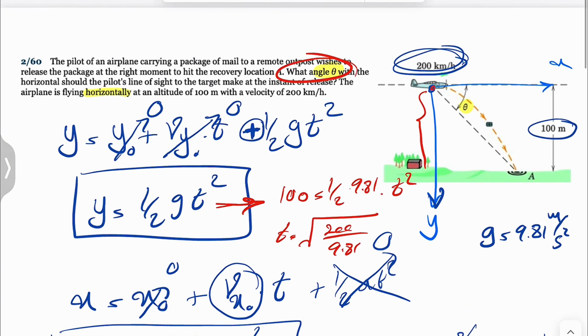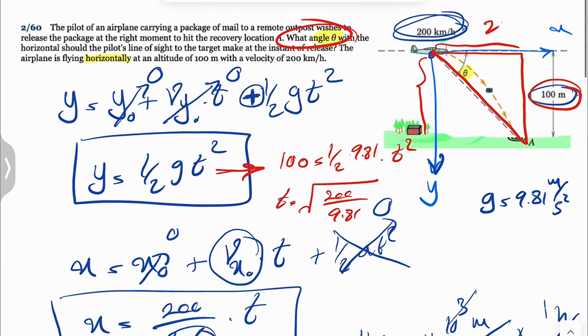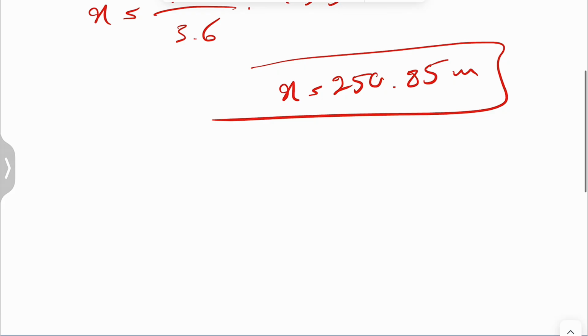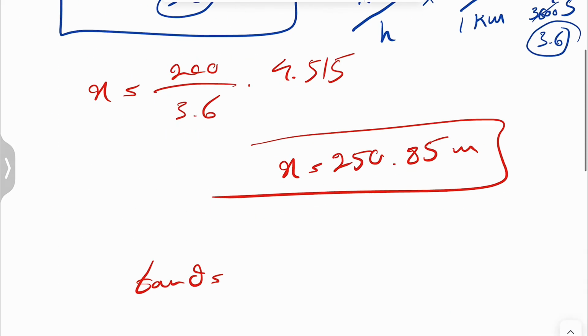The question is asking us to find the angle theta, and for angle theta what we need is to consider this right triangle where y is 100. We figured out the x, which was roughly 251. If we want to find theta, we know the tangent of theta is the opposite, which is y, 100, divided by the adjacent.